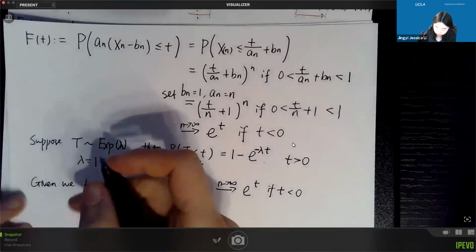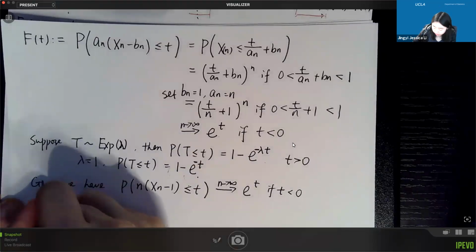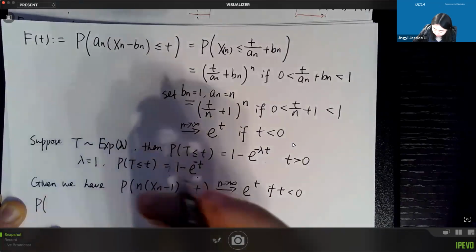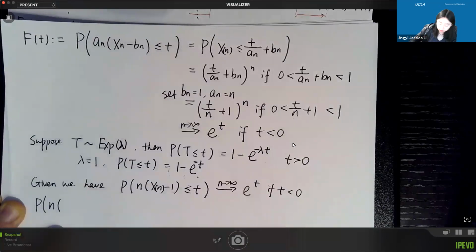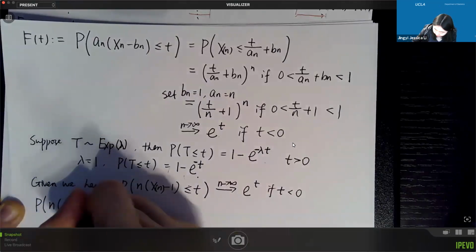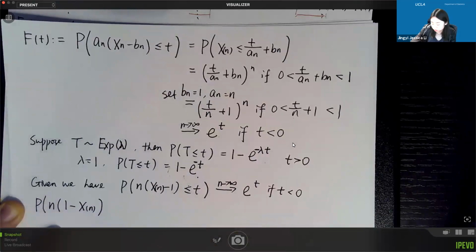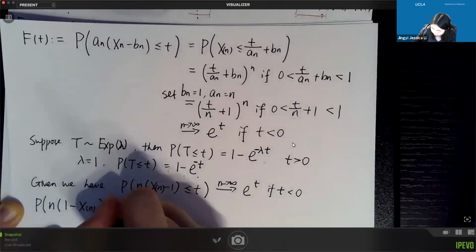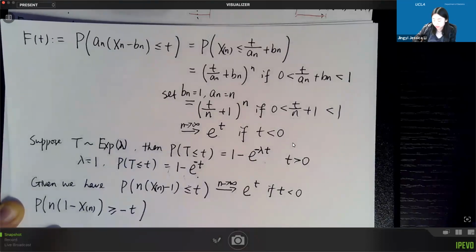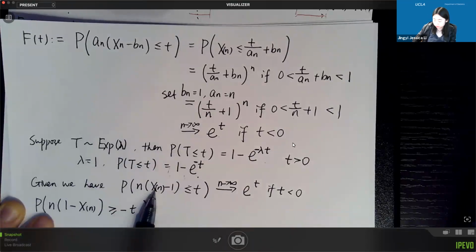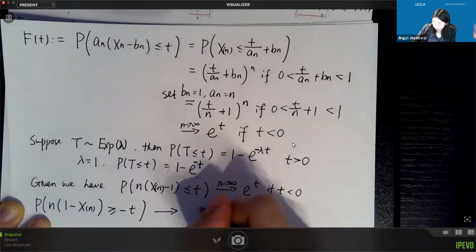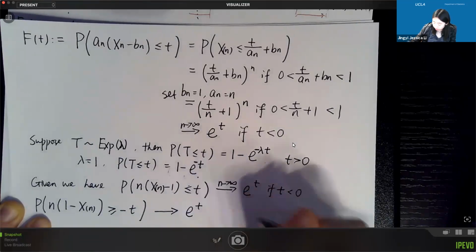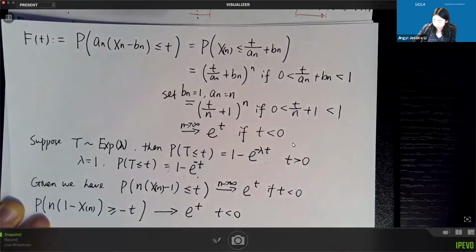Okay, so then you see if I do the probability of n times, sorry, I forgot this, n times 1 minus the maximum, okay? If I'm going to the positive part of it, and I say that this is greater than or equal to negative t, okay? I multiply -1 here, -1 here. Again, you see, this is converging to exponential t, t negative as well, right? It's the same thing.